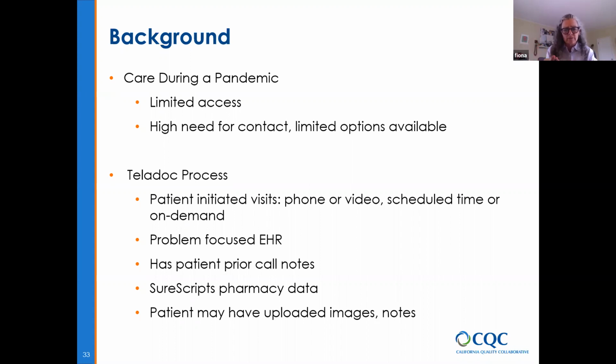I can see a lot of information, which then I can choose how I want to weave into our discussion. And they may choose to upload some images, some notes, some information that could be helpful. I can also look at ones that may have happened in the past. So rash is a great example. They might have shown a picture a week ago and I can see what has happened in terms of progress.